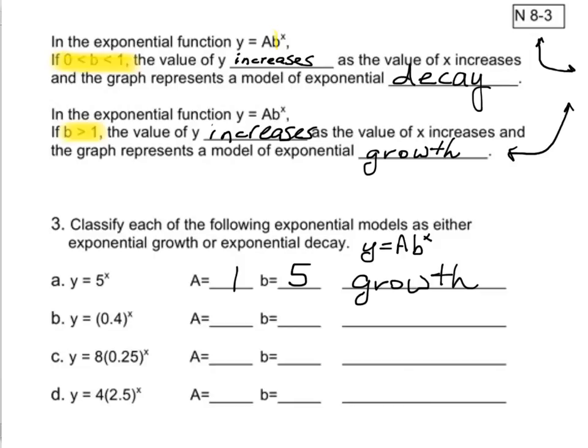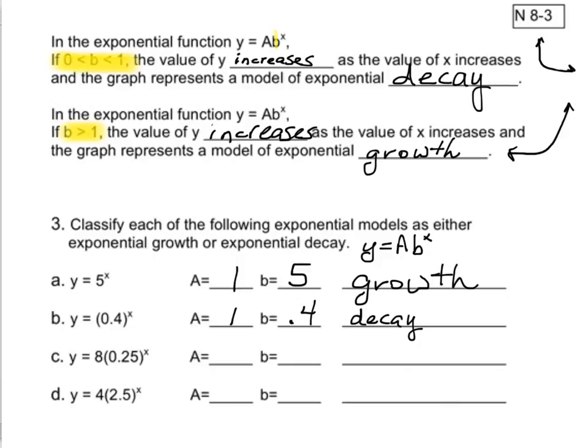Now looking at the next one, a again is 1 because the exponent is on 0.4. So 0.4 is your b. That's between 0 and 1. So this one is exponential decay. Now C and D have an a. y in this case is 8 times 0.25 to the x.